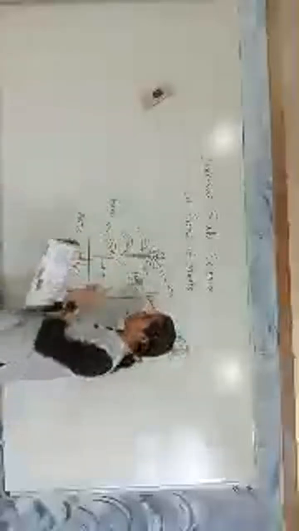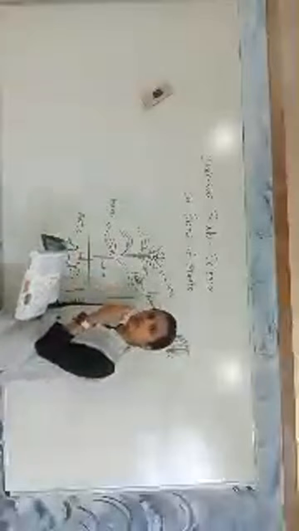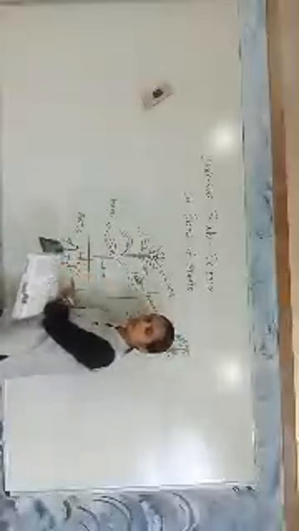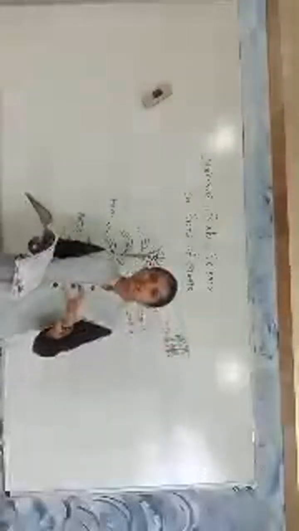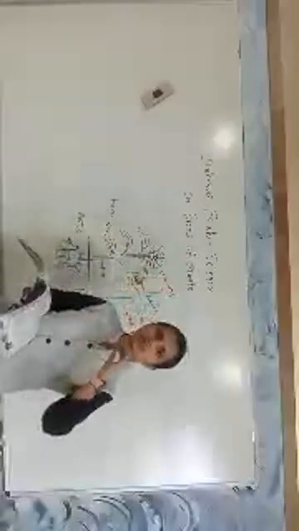The answer will be root, because roots hold the particles of the soil tightly together so that it prevents soil erosion. Second, which part of the plant prepares food? The answer will be leaves.